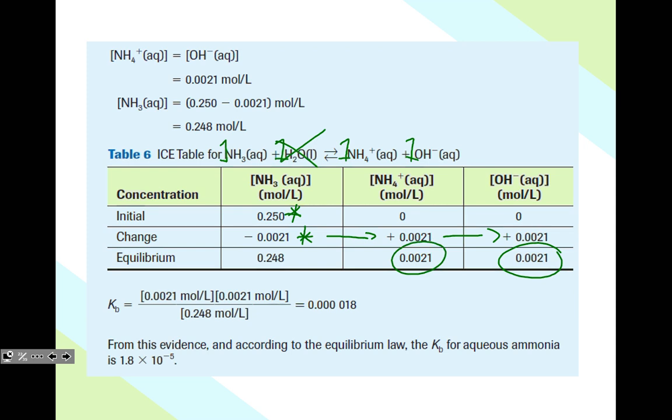And then you're taking 0.250, subtract 0.0021, and you get 0.248. Take these numbers, put them into your Kb expression, products over reactants, and you get a really fancy answer of 1.8 times 10 to the negative 5, once your calculator does all the work. And remember, we have to change this to scientific notation. All right, kiddos? Good times.